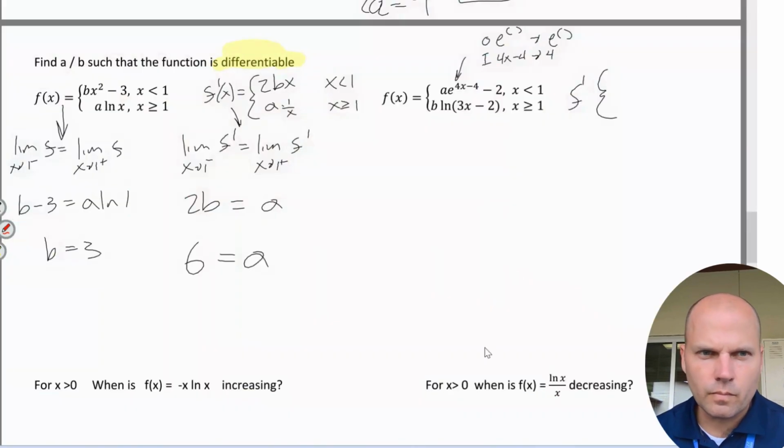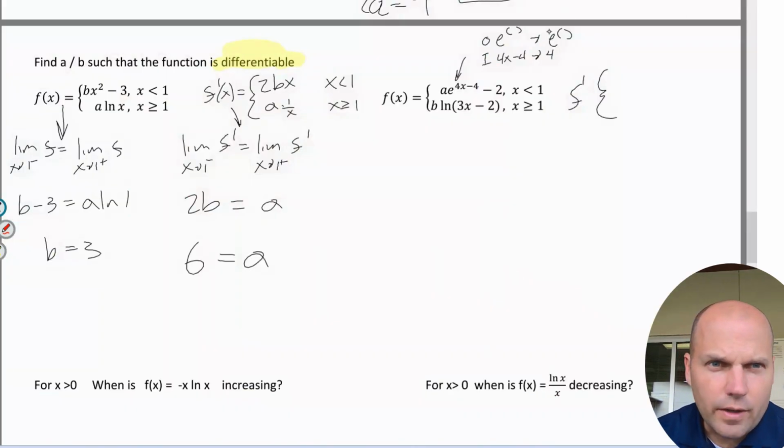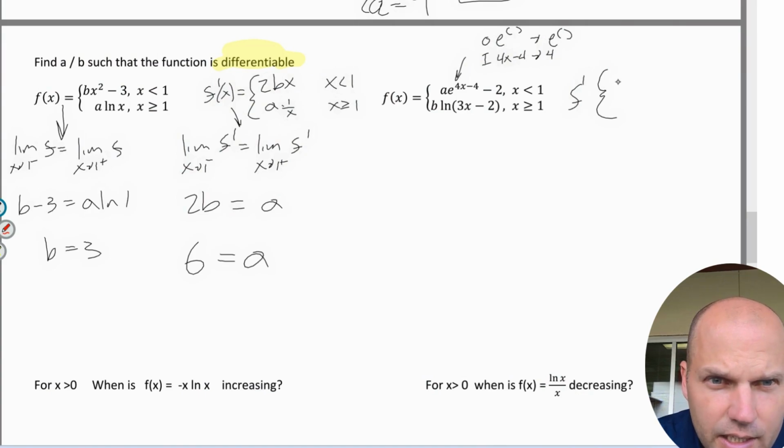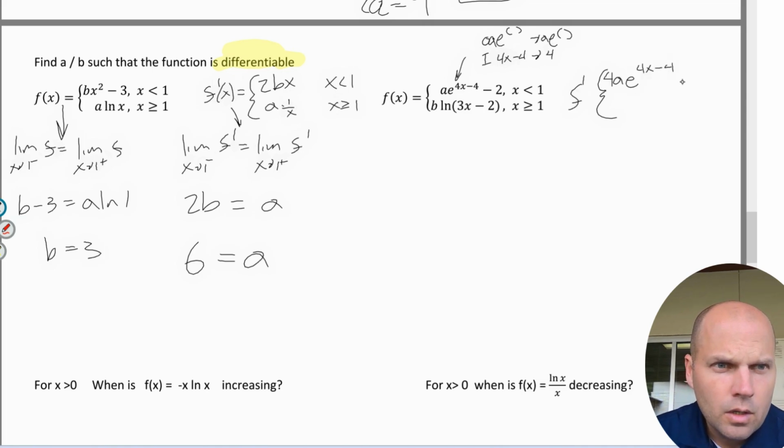Move it over here. So I do outside and inside this and I get e to the power. So there should be an a here, which means an a here. So I'll have 4a e to the 4x minus 4. Slopes of minus 2 are 0, so this is for x is less than 1.